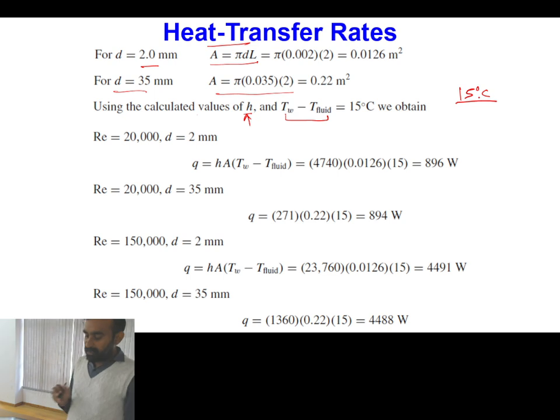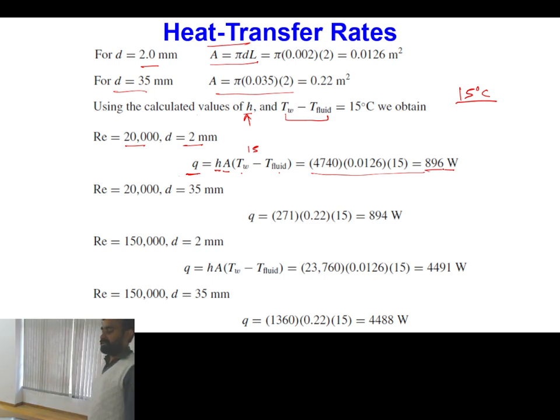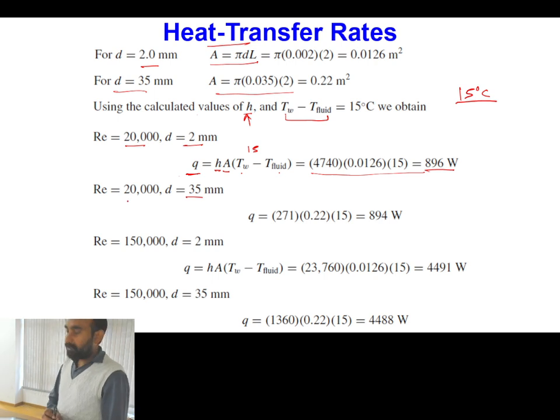So if my T_W minus T_fluid is 15, the area is known for the 2 mm pipe, and the heat transfer coefficient for 20,000 and 2 mm we have calculated using the Dittus-Boelter equation. If I substitute all this, then I am getting a required heat transfer rate of 896 watts. If I increase the diameter to 35 mm and keep the Reynolds number at 20,000, then my required heat is 894 watts.